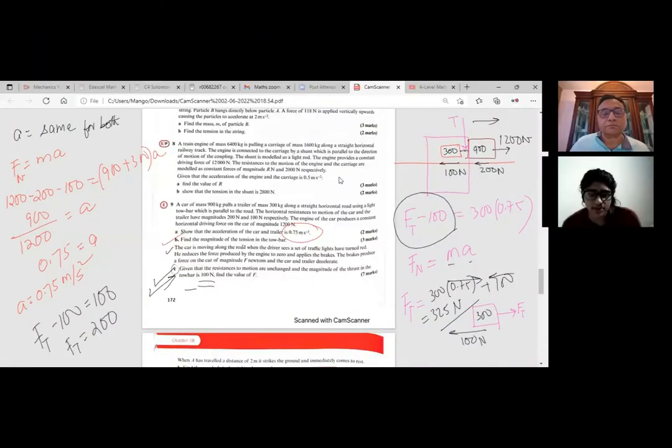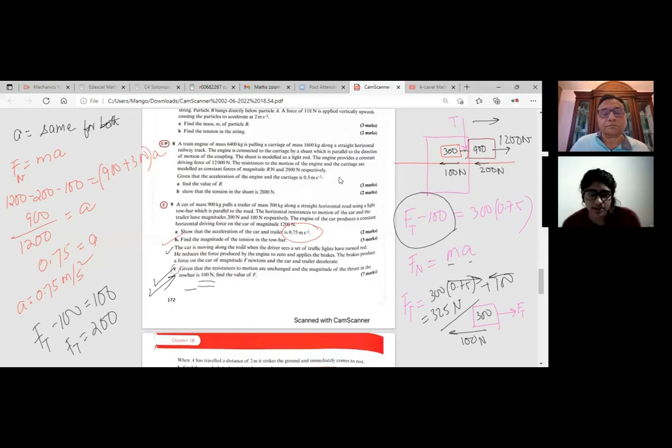So the situation is similar as far as the car and the trailer are concerned. Let's say this is your car and this is your trailer, which are 900 and 300. We have a frictional force which remains the same, 100 and 200.